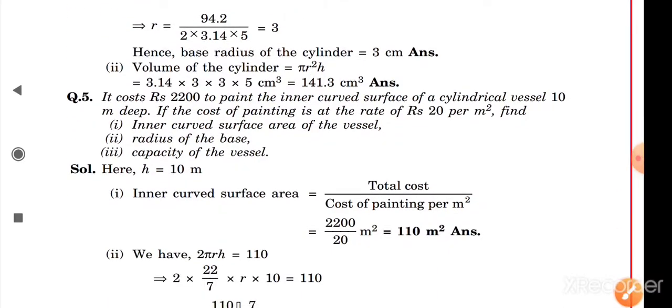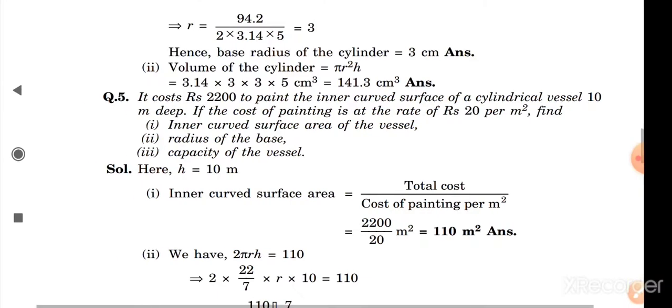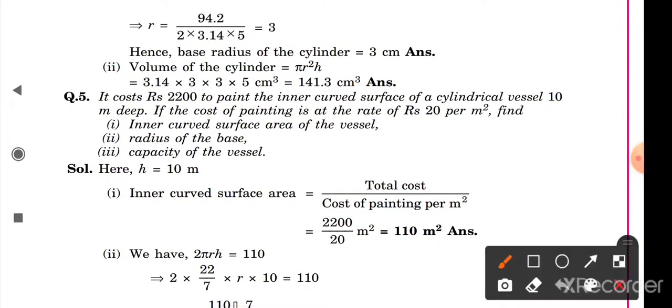Now moving to question number 5. In question number 5, 2200 is the cost of painting the inner curved surface area of the cylinder, which is 10 meter deep. It is given as the depth, or you can say height. The cost of painting is at the rate of 20 per meter square.